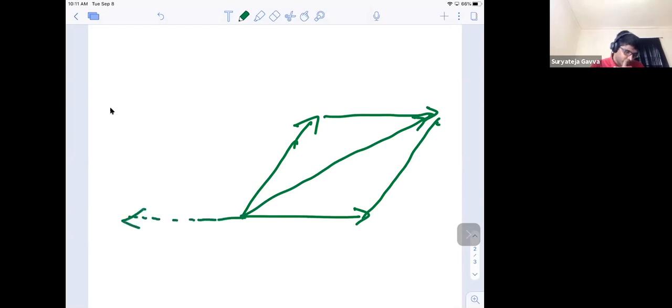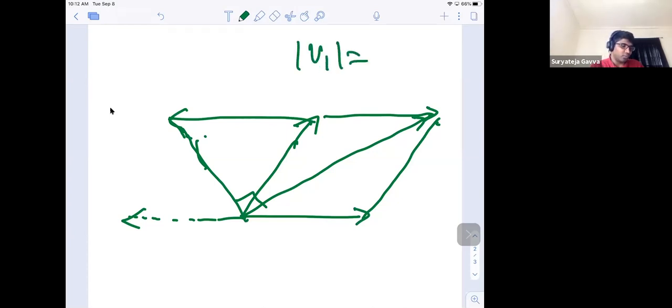If you take the difference, you'll get something like this. And they will always be at 90 degrees. What I showed you is a very algebraic way to show that if the length of V1 equals the length of V2, then they are perpendicular, but you can do it geometrically as well.